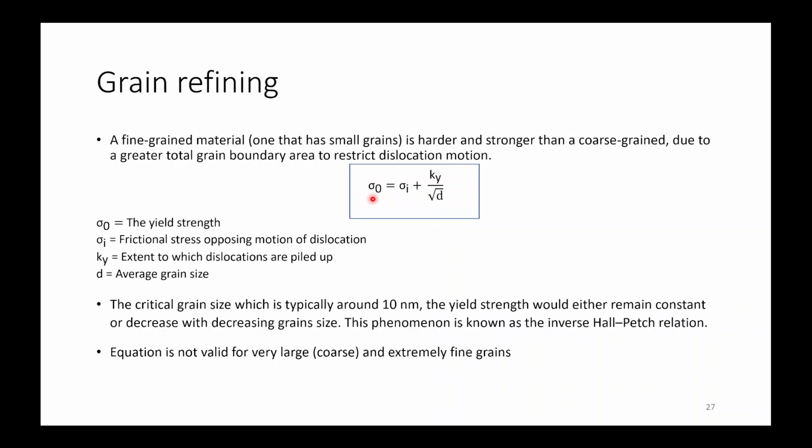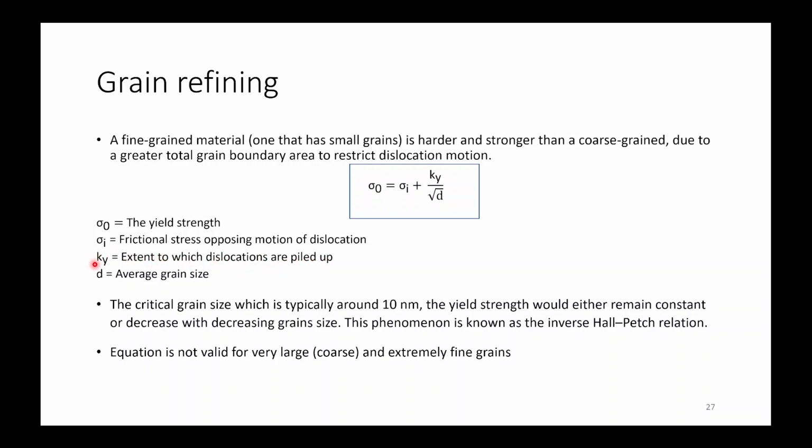In this case, sigma naught is the yield strength of the material. Sigma i is a frictional stress which opposes the motion of dislocations. It is specific for a material. Ky is the extent to which dislocations are piled up.